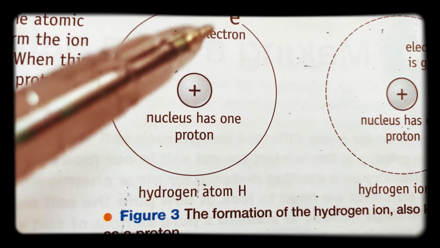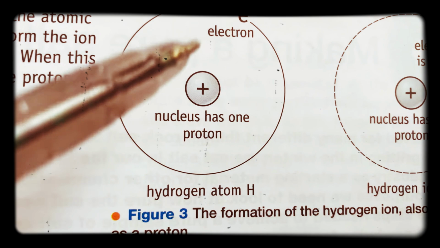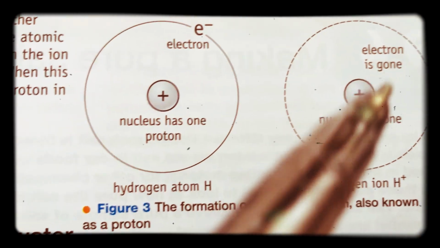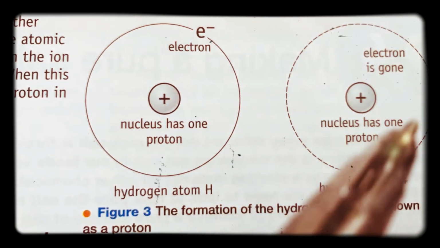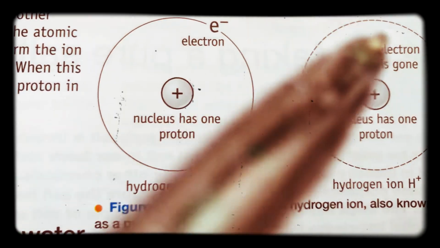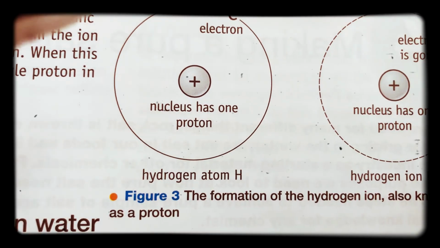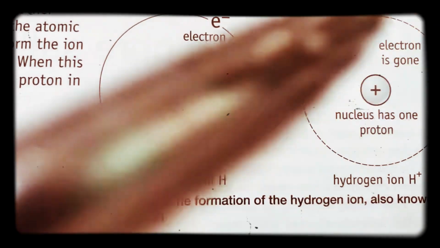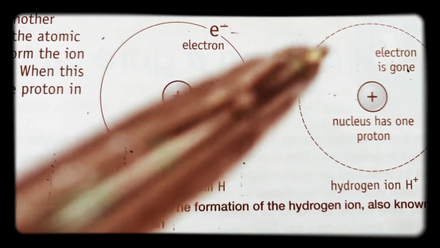And so to form the ion, it must lose its single outer electron. And when this happens, all that remains is this single proton that's in the middle. The orbit is still there, but the electron is gone. It's like a car that's going around a roundabout, and over here the electron is not there. The roundabout's still there, but the electron is not there.